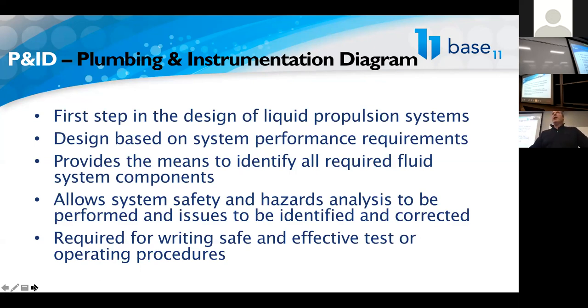And help you define the requirements for each of those fluid system components, which you need to do before you can start contacting vendors or looking through where you might be able to scrounge hardware, etc.